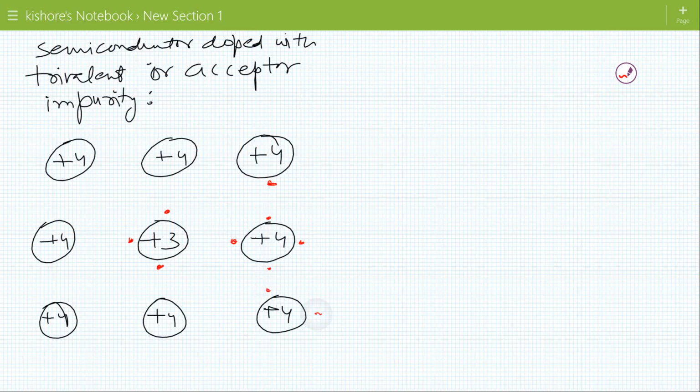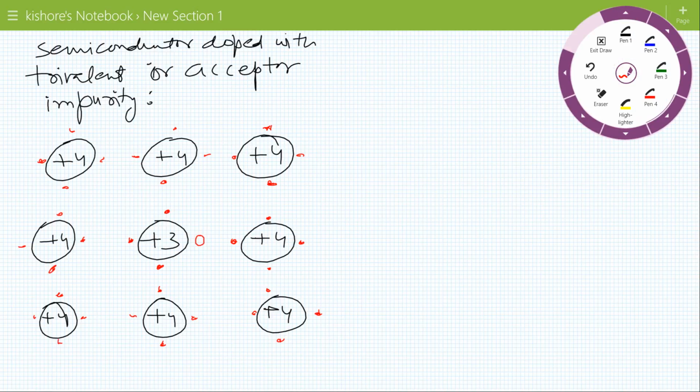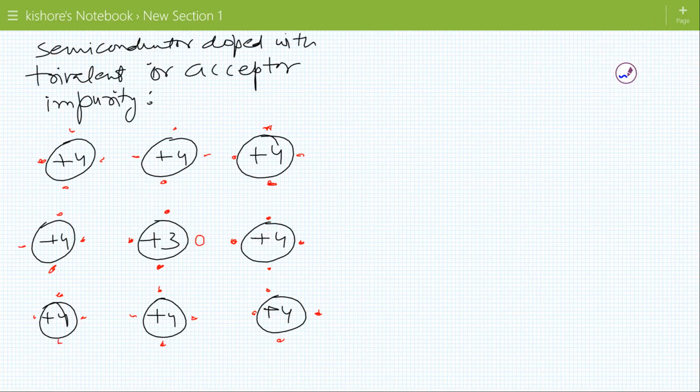So in the covalent bond there is a deficiency of an electron in the acceptor ion, and that is an excess hole.